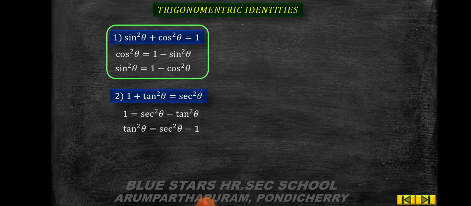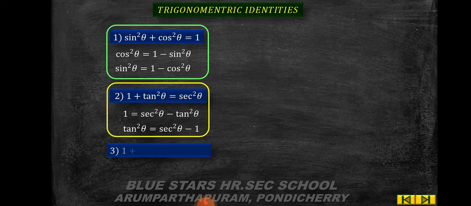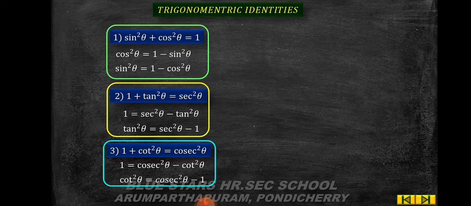This is your second trigonometric identity. The third one: 1 plus cot square theta is equal to cosecant square theta. So 1 is equal to cosecant square theta minus cot square theta, and cot square theta is equal to cosecant square theta minus 1. This is your third trigonometric identity.